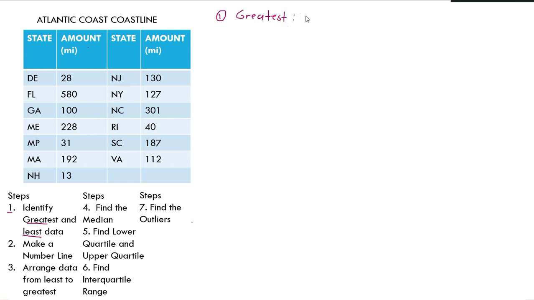The greatest data is actually 580, and our least value is 13.